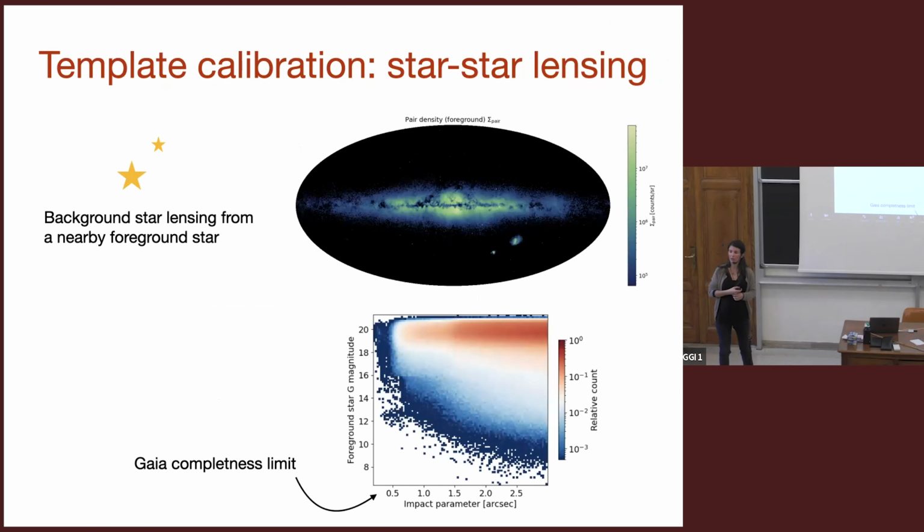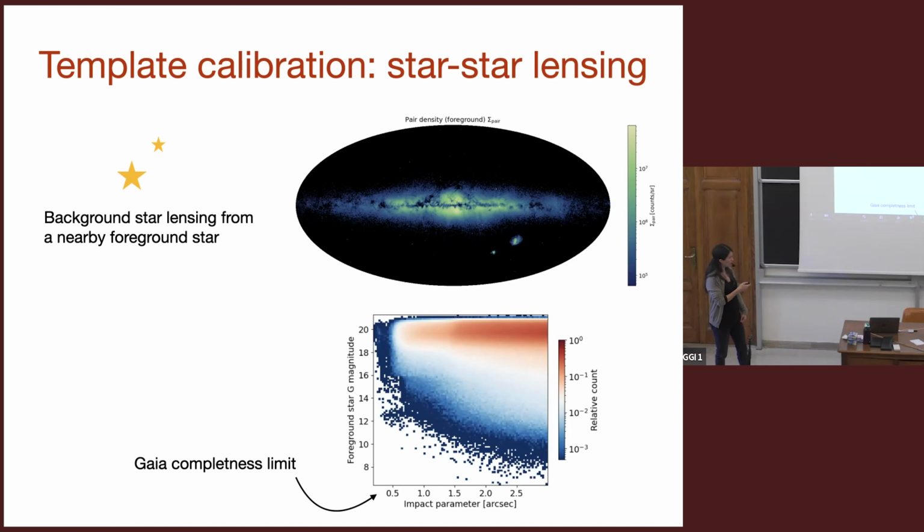And finally, I think I have some time to mention these other applications of astrometric weak lensing, which are not as interesting for fundamental physics, but they are still nice applications from my point of view. So one thing that we tried to look for was star-star lensing.